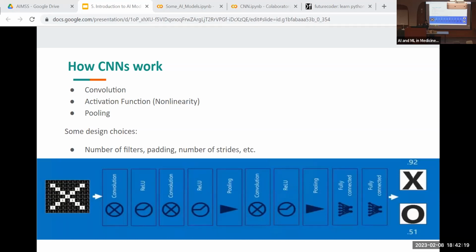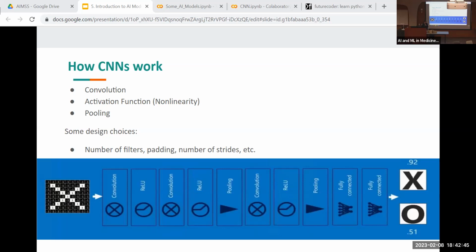The ones that I want to point out are the convolution layer and the pooling layer. Here in this example, we have convolution, then we have ReLU, which is an activation function which adds nonlinearity to our data and our computation.